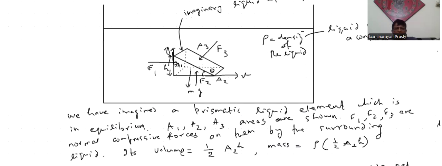That means A1 tends to 0, A2 tends to 0, A3 tends to 0. Reduce this size, keeping the shape unchanged. Theta will not change, but h will tend to 0. All the linear dimensions will approach 0, meaning the element will be known as a point element.